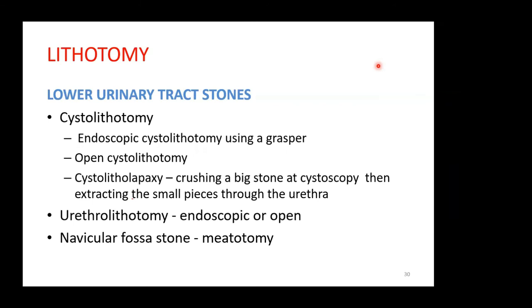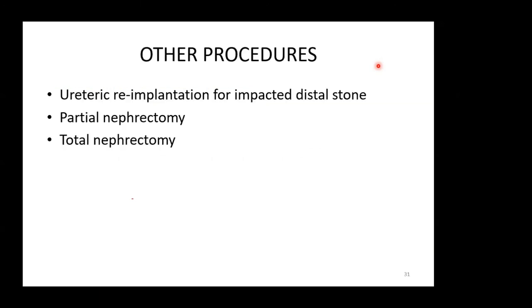This one is when the stone is in the urethra, and you can either do endoscopic or open procedure and pick the stone out. If the stone is in the navicular fossa, or fossa navicularis, you do meatotomy at the urethral meatus and remove the stone.